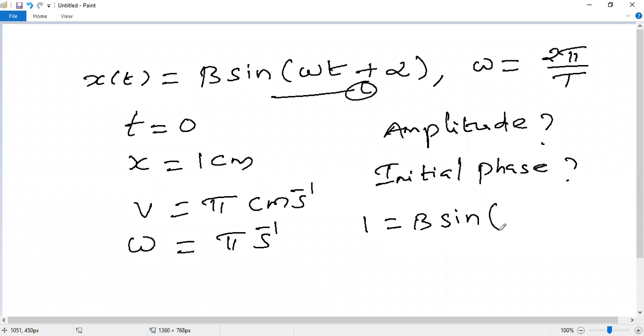So omega into 0 is 0 only, plus alpha. So you will get b sine alpha equal to 1.